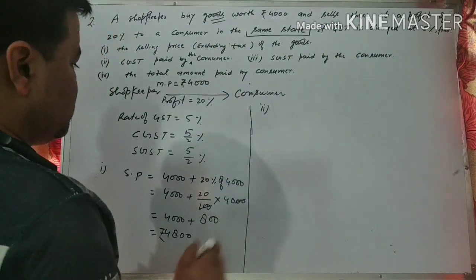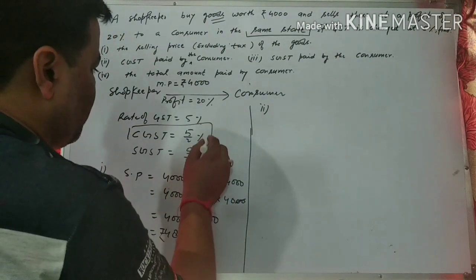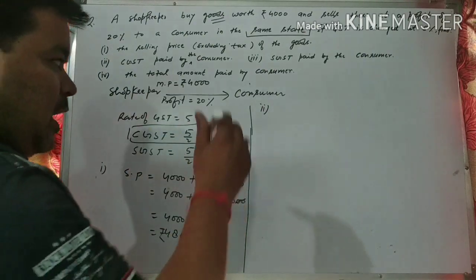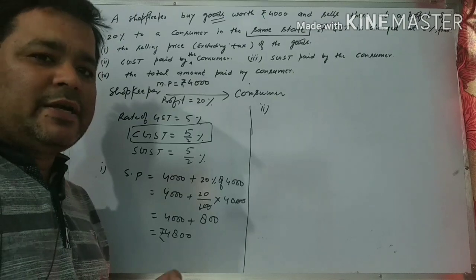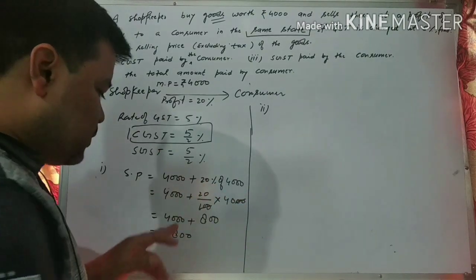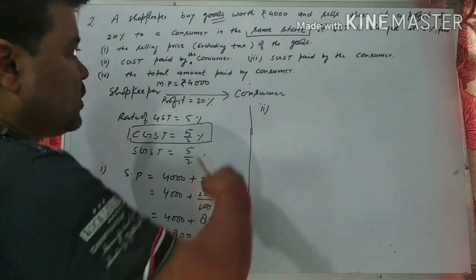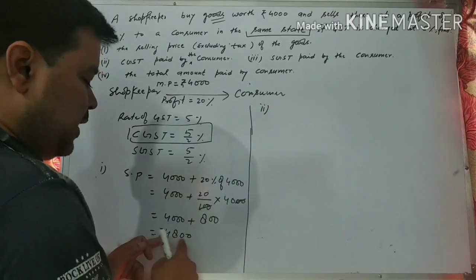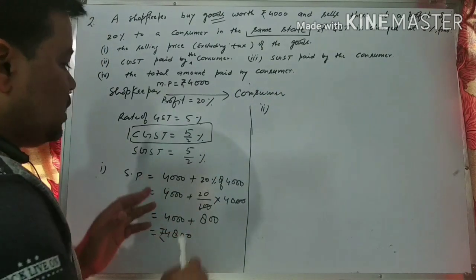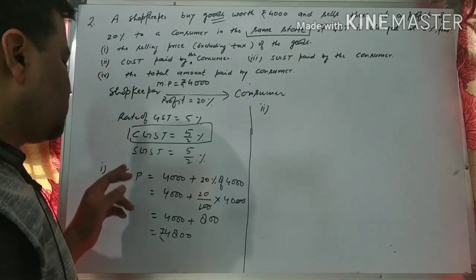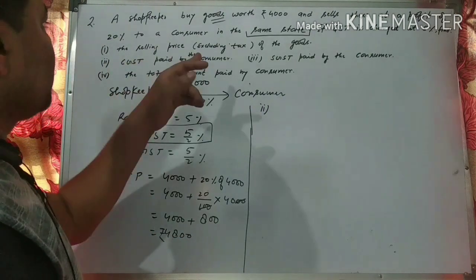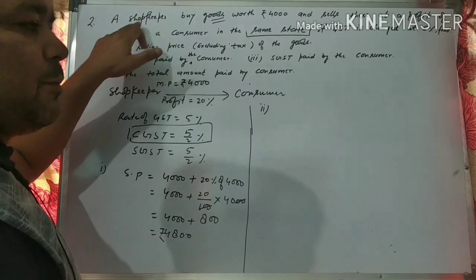The rate of CGST is 5/2%, and the consumer will pay the CGST at their cost price. The cost price for the consumer is 4,800.